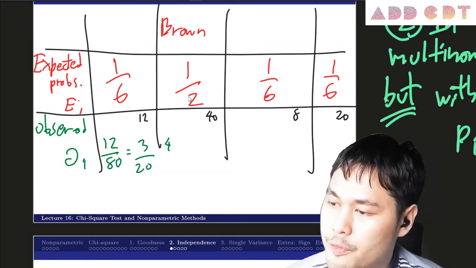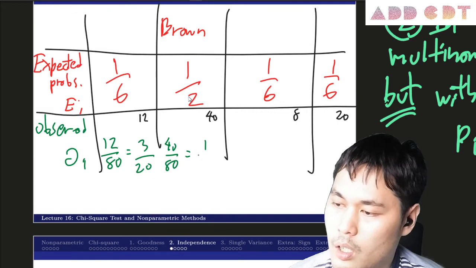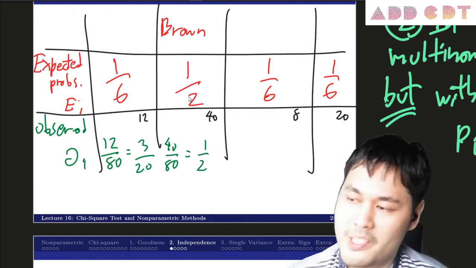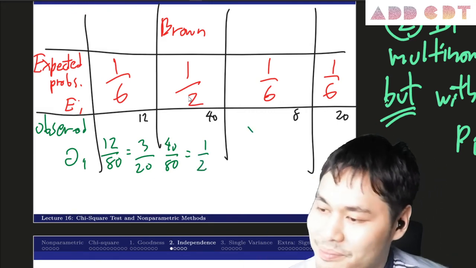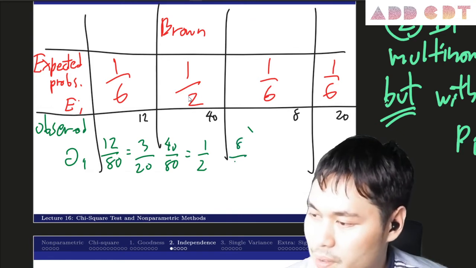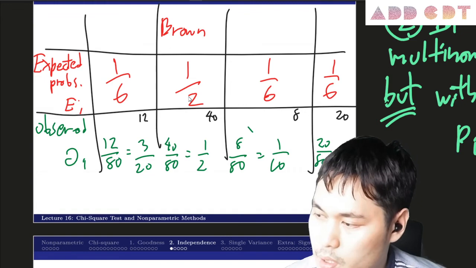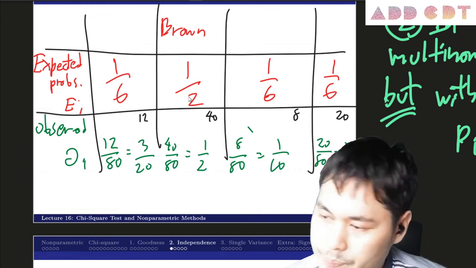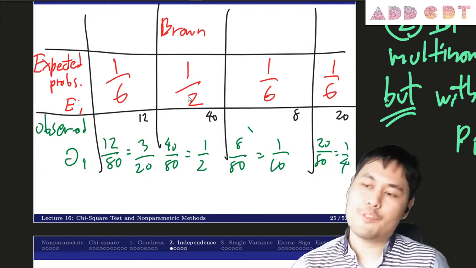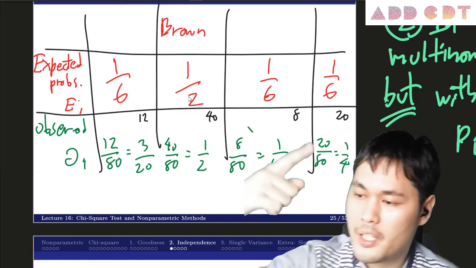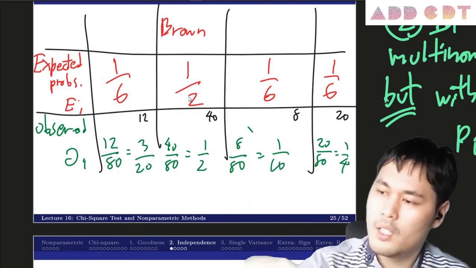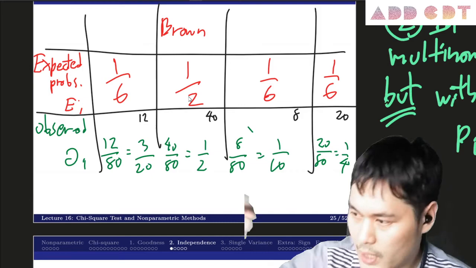This one is 40 over 80, or 1/2, which happens to be exact. The third one is 8 over 80, which is 1/10, and the last one is 20 over 80, which is 1/4. Now we have two sets of numbers that we can compare: expected 1/2, 1/6, 1/6, 1/6 and observed 3/20, 1/2, 1/10, 1/4.